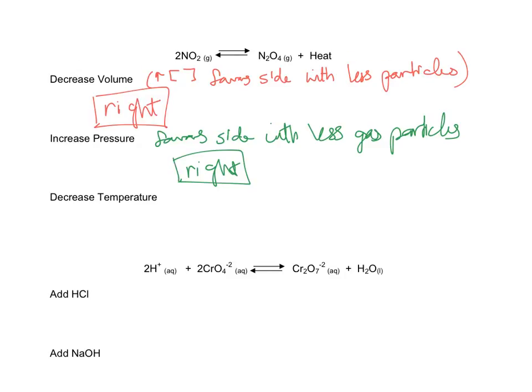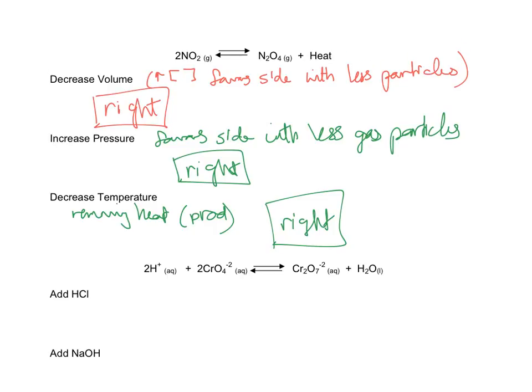Okay, let's take a look at temperature. You decrease the temperature, so you are removing heat. In this case, heat is one of your products. So if you're removing a product, it's going to shift to the right to make more product. So all of them are going to the right.